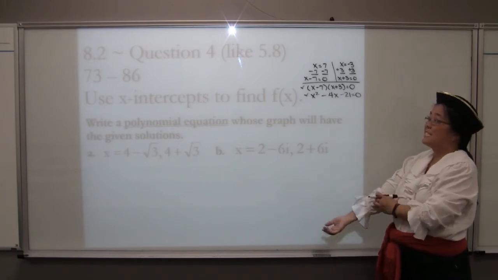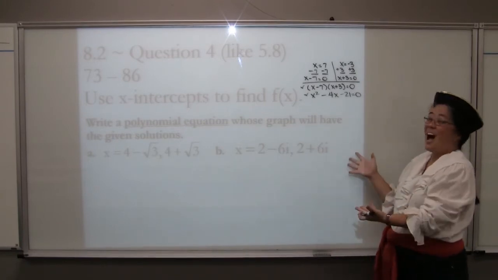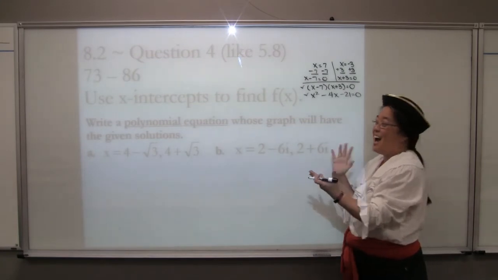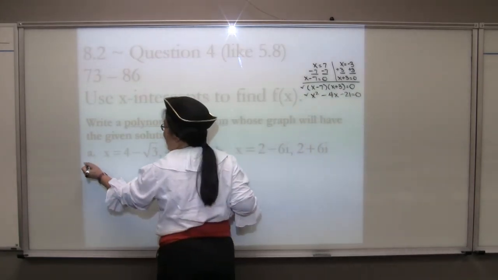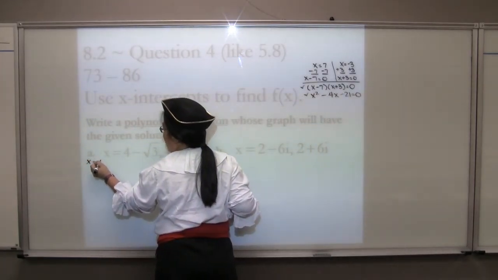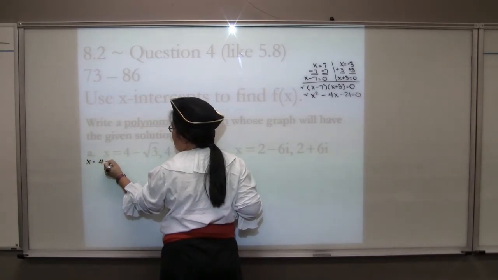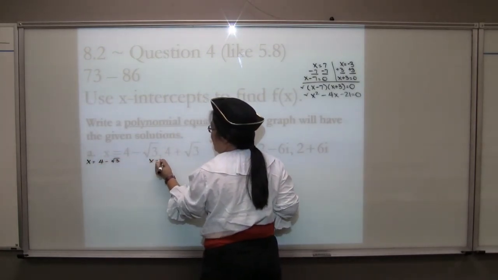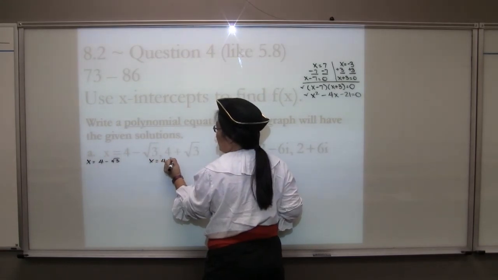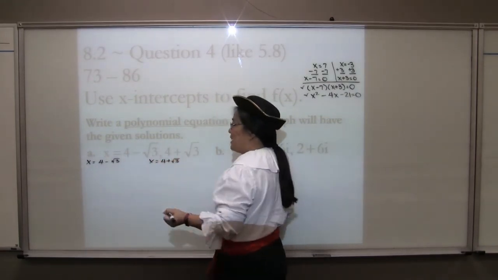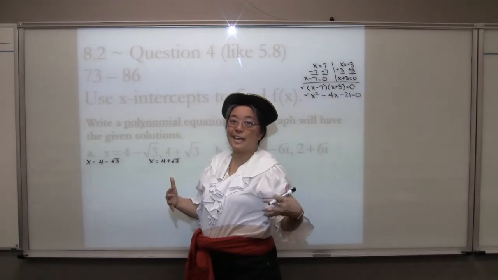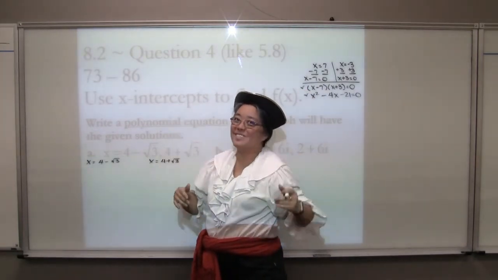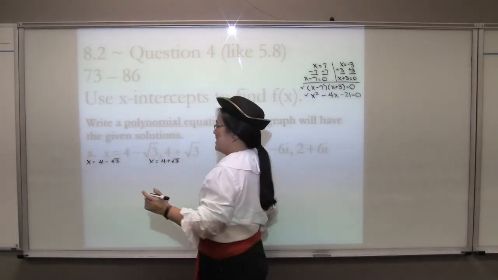Now, we're going to do the exact same thing, but with, all right, here we go. x can equal 4 with the negative version first, and x can equal 4 with the positive version second. Hey, that's how we've been writing our answers. We're going to take the answers and work our way backwards to find out what the question was.